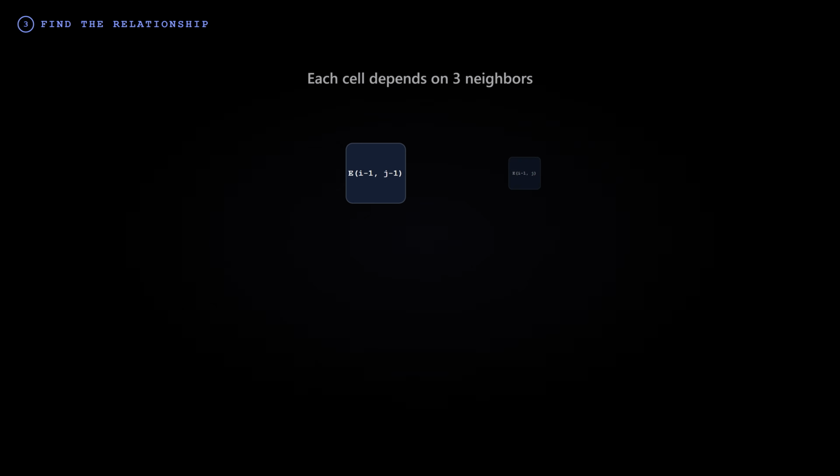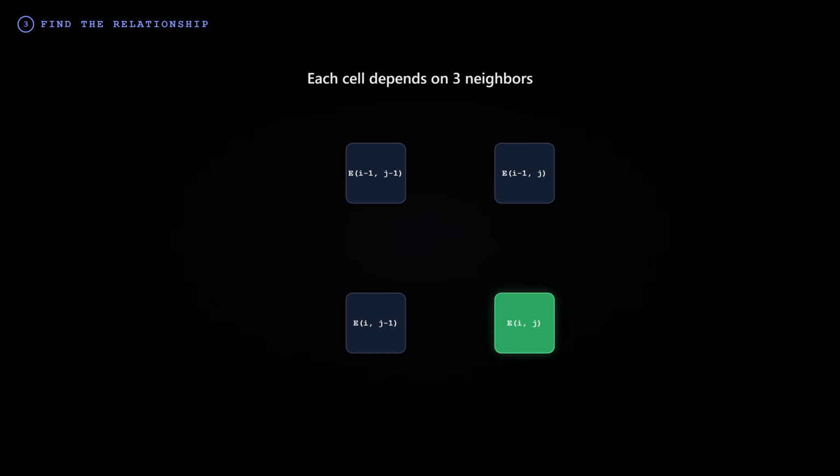Step 3. Find the relationship. To compute E of i and j, we just look at the first characters of our current strings. If they match, it's free. The cost is just whatever the edit distance was for the rest of the strings, E of i-1 and j-1. If they don't match, we have 3 choices, and each one costs exactly 1 operation.